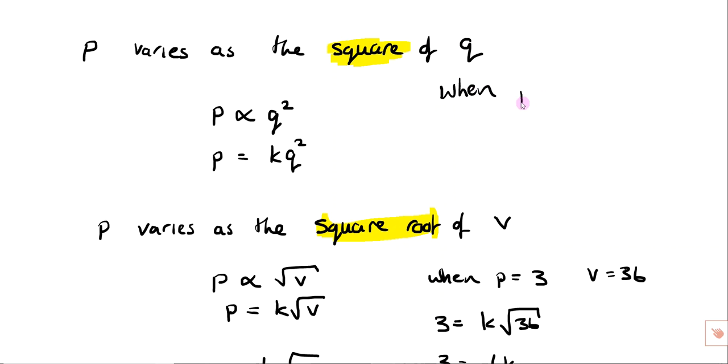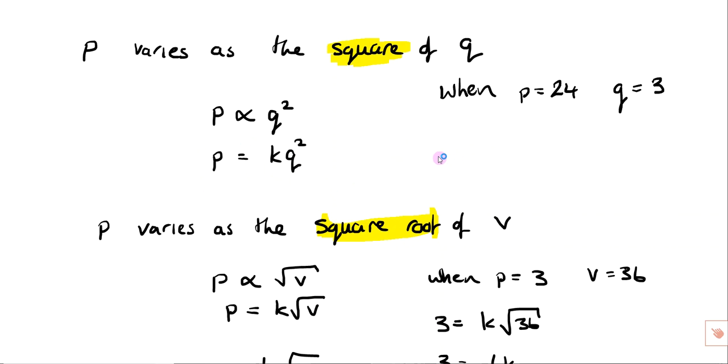When P is 24 and Q equals 3, sorry, I'm going the other way this time, aren't I? Pick some nasty numbers. But it still works. So what do we do again?